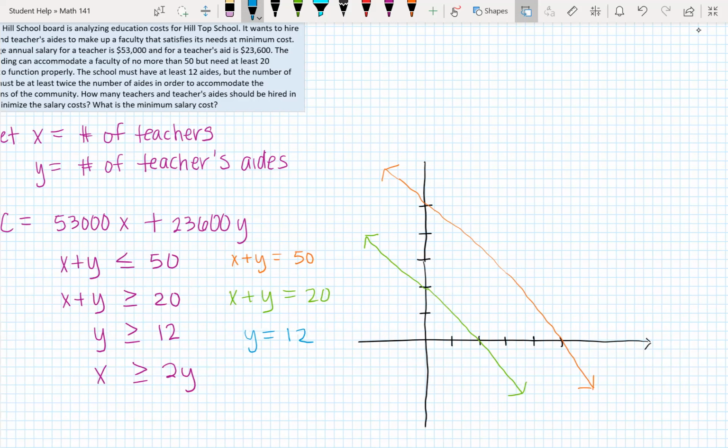And instead of writing this as x equals 2y, I'm going to write this as 1/2 x equals y. Y equals 12 is going to be, let's see, this is 10, so it's going to be around here-ish.